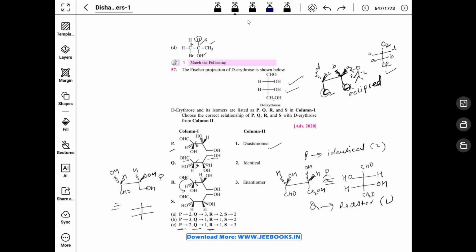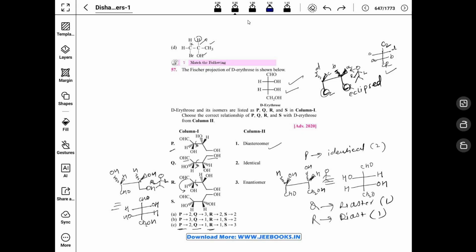You are standing here, as I told you, this is your right side, this is your left side, and now you can see that on this chiral center, OH is on your left side, hydrogen is on your right side. So hydrogen is on the left side and OH is on the right side. So now what is the relationship of R? You can clearly see that R is nothing but a diastereomer. So R is also a diastereomer, so it is matching to 1.